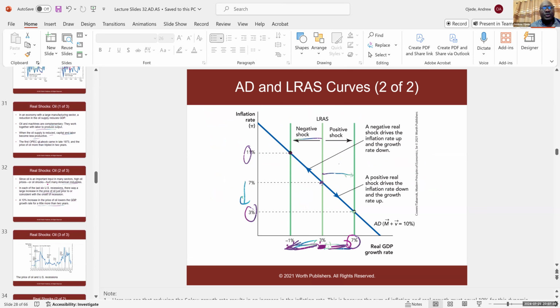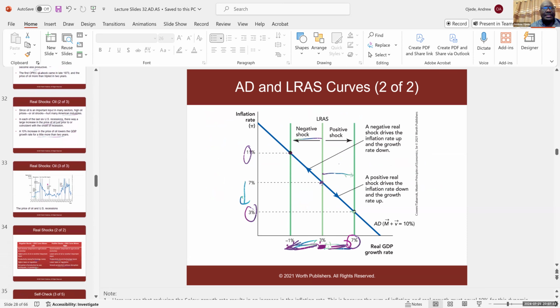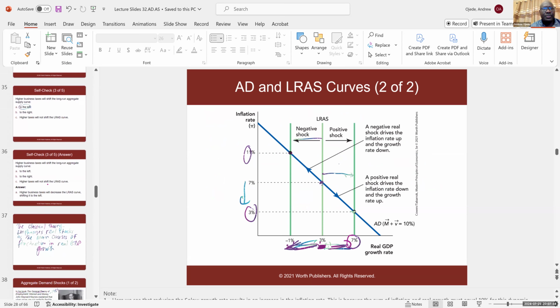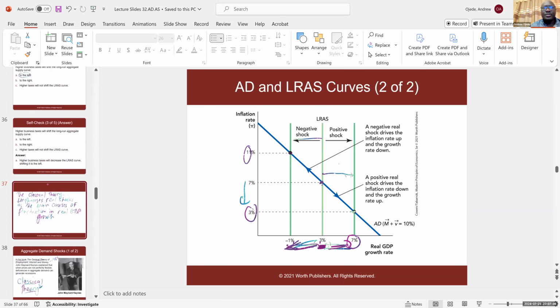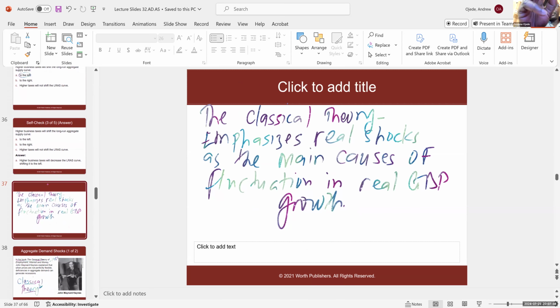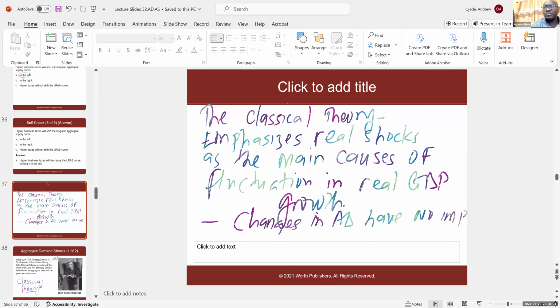So the assumption there is that changes in demand, according to this classical theory, in aggregate demand, anything that shifts the aggregate demand curve, AD stands for aggregate demand, have no impact on real growth. That's what they believe in.